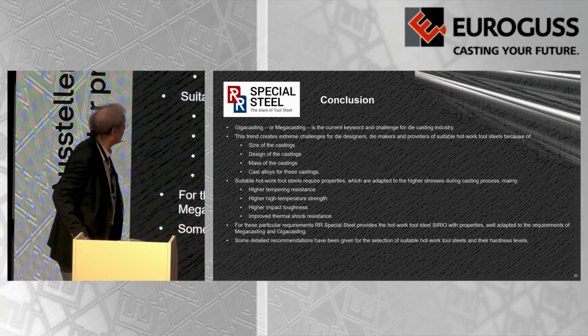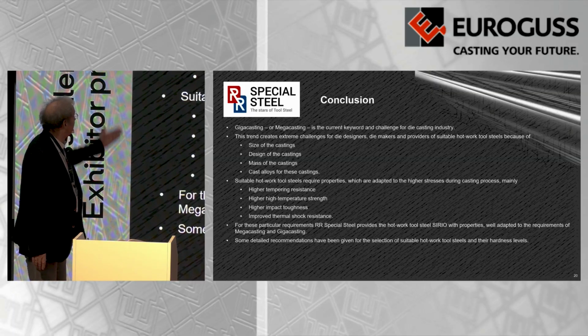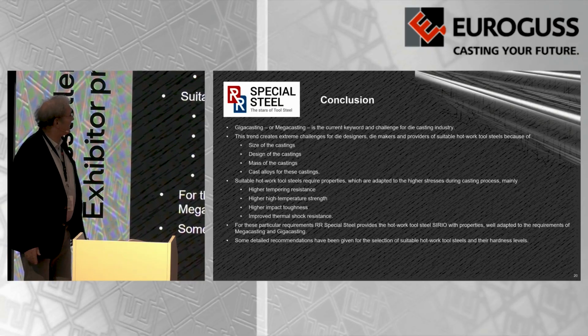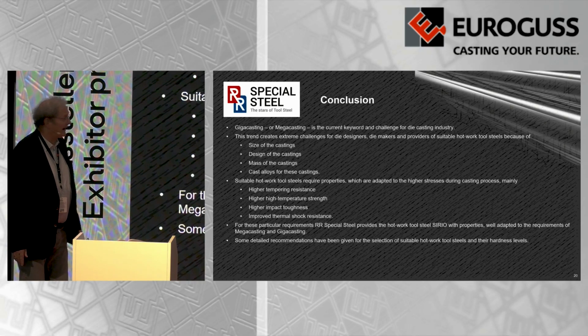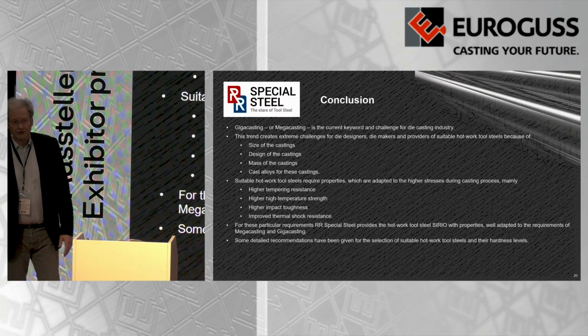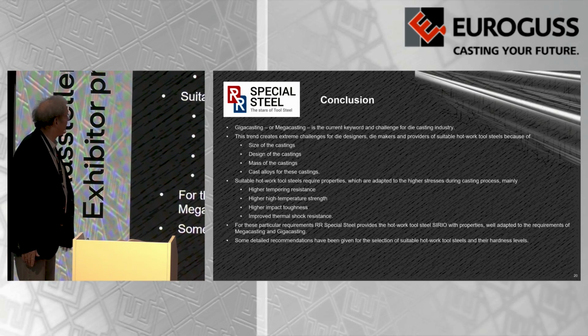And now I would like to conclude my remarks. You all know giga casting and mega casting are the current magic keywords in the die casting industry. And wherever you look around here on the exhibition, you find examples for very large dies and for castings.